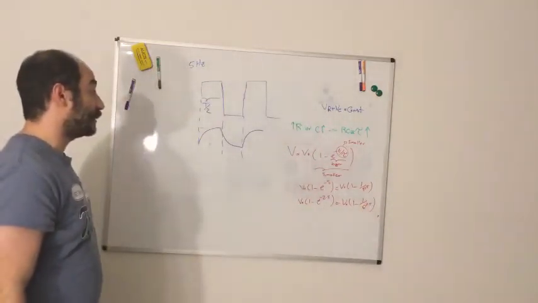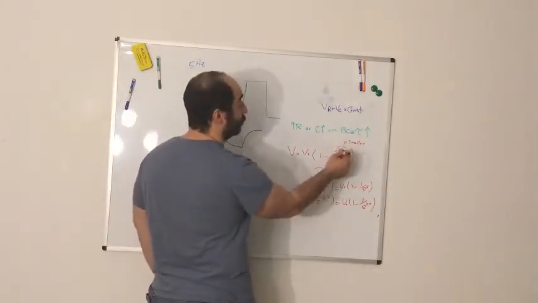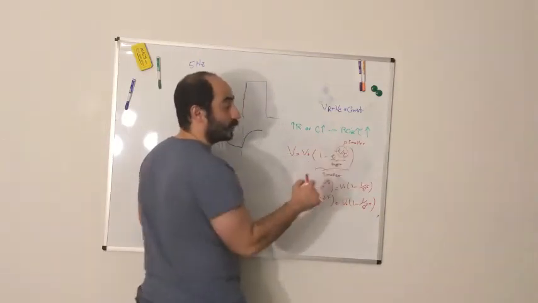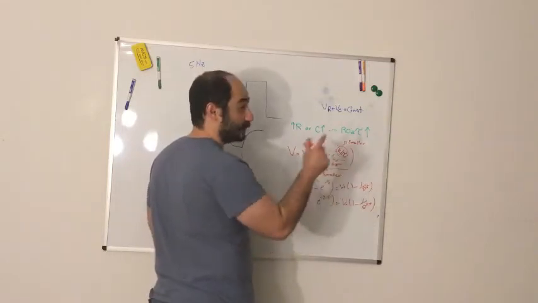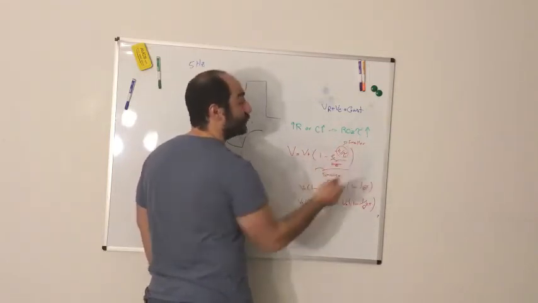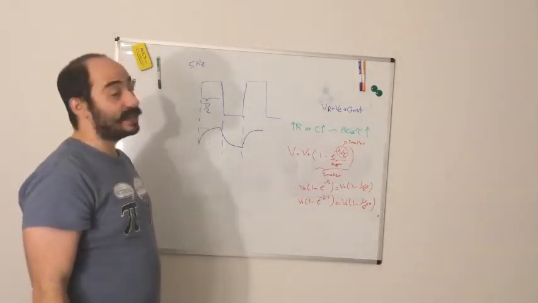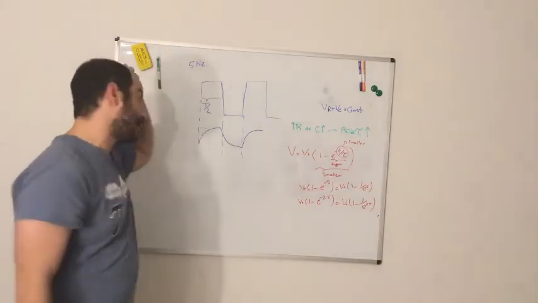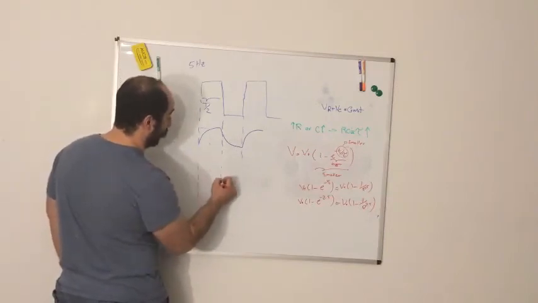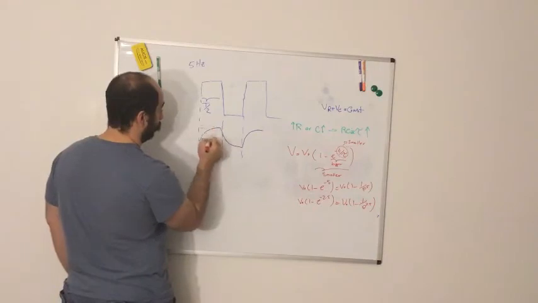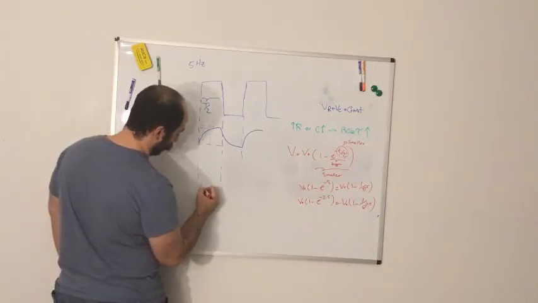So what I'm saying is that when you increase the tau, the power becomes smaller, so the e term becomes bigger and the whole coefficient that you have becomes smaller. So your V out is going to be smaller.